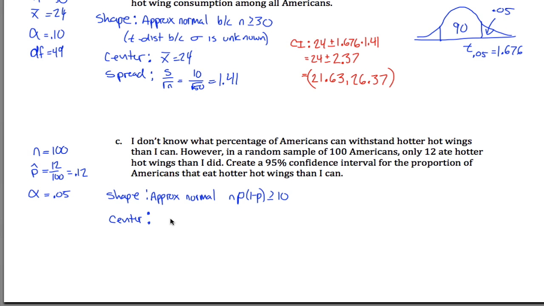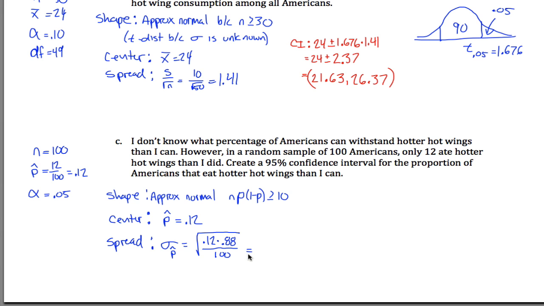Center is p hat, our point estimate, not 12, but 0.12, or 12%. And the spread, which is sigma sub p hat, has a formula: the square root of p times 1 minus p divided by n.